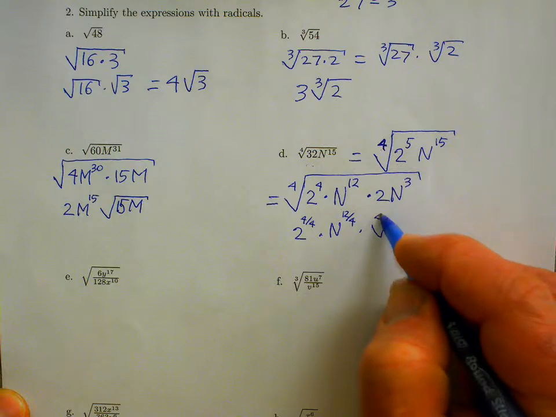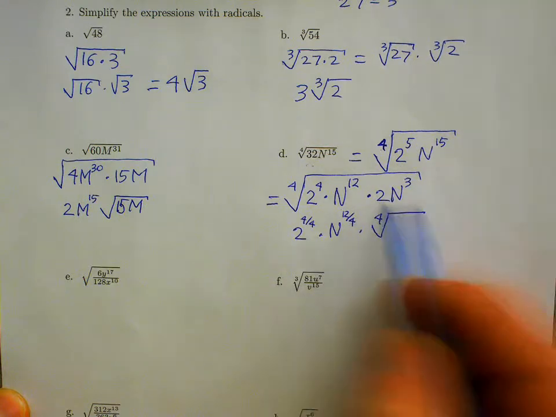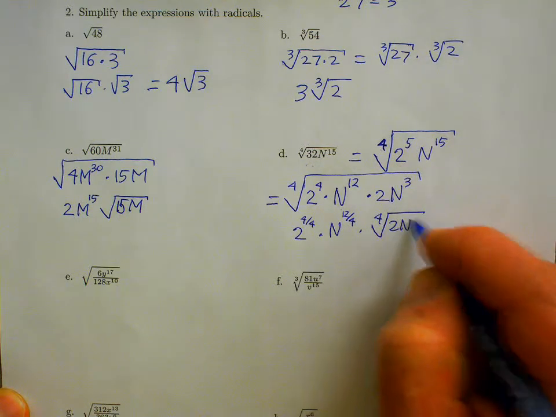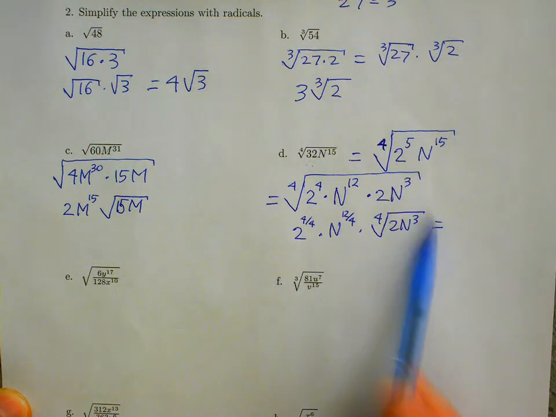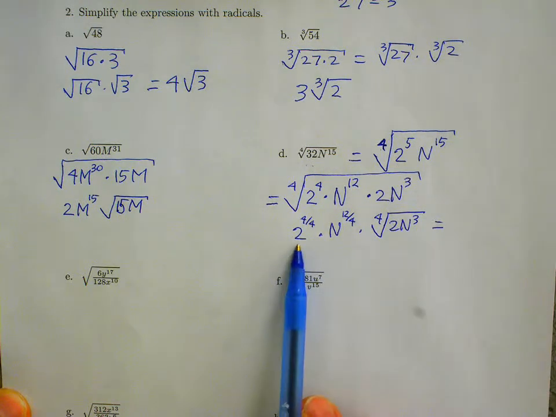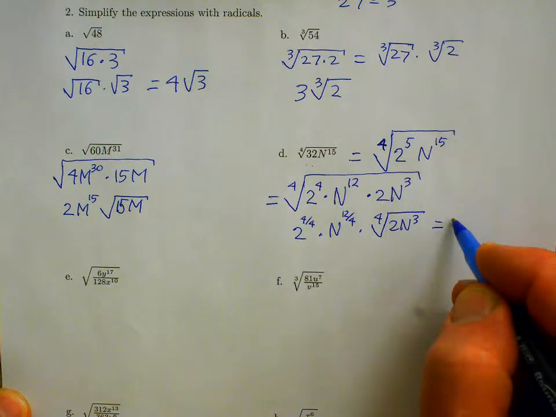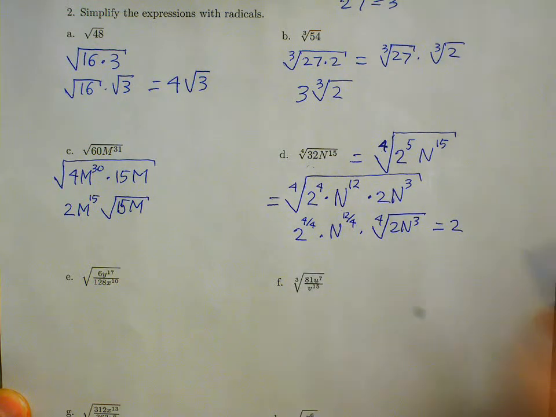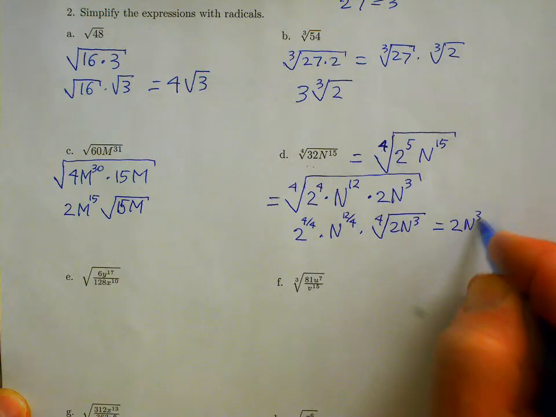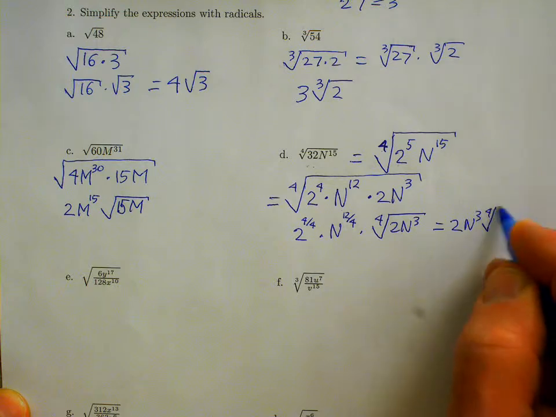And then we have the fourth root of 2n to the 3rd, which can't be simplified any further than that. 2 to the 4 divided by 4 is just 2 to the 1st, or 2. N to the 12 divided by 4 is n to the 3rd. So the final answer is 2n to the 3rd times the fourth root of 2n to the 3rd.